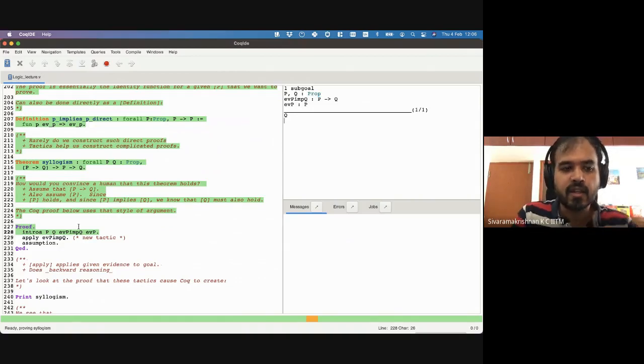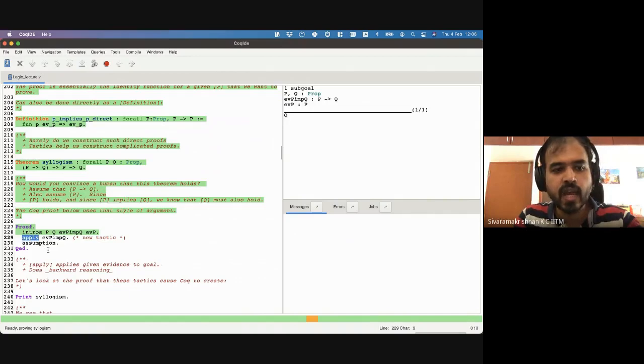The reason why it's called backwards reasoning will become clear when we see this new tactic, apply, which applies evidence for P implies Q on the goal.